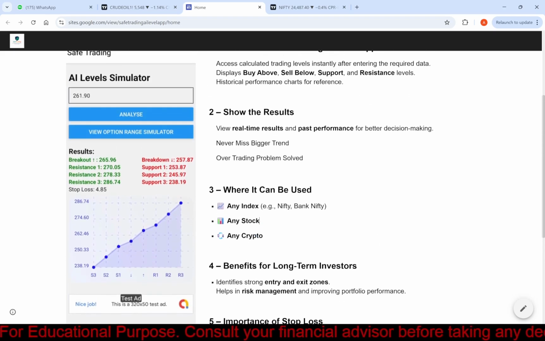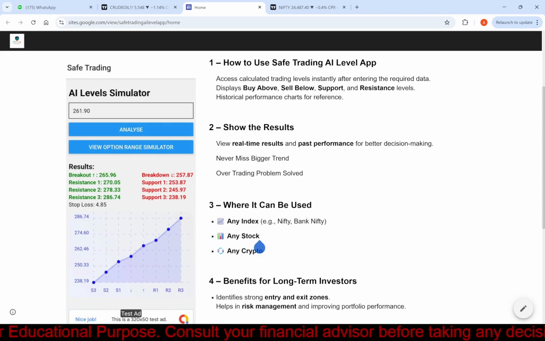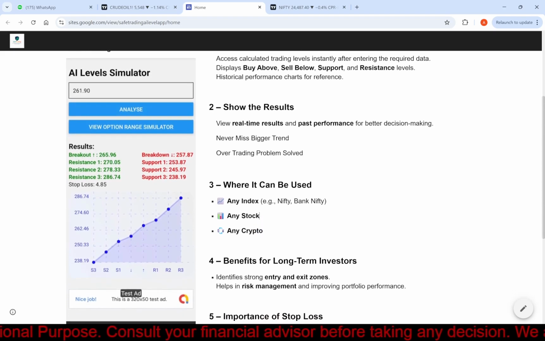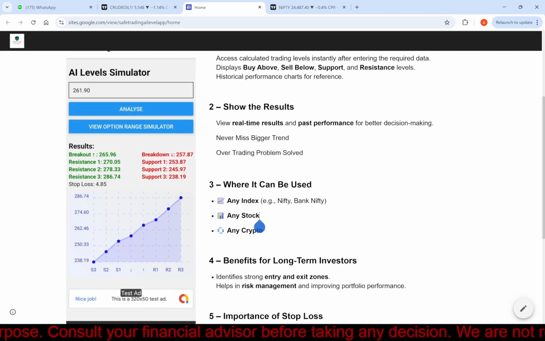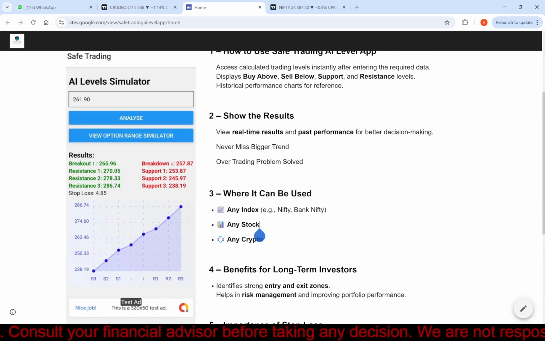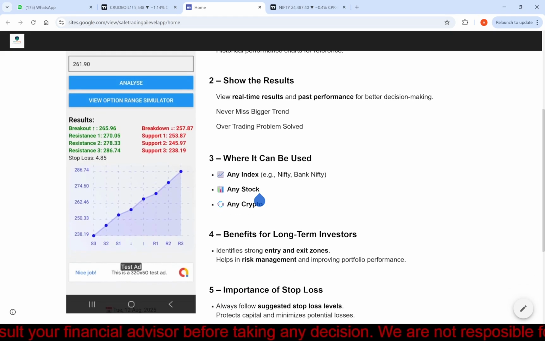So moreover, what else is this app offering? If you see here, the second button is the view option range calculator. As per the Nifty expiry, we calculate the 60%, 75%, 90% and 95% winning probability ranges that help us plan the option selling strategy. That is a more advanced concept, and some other day maybe I'm going to cover that.